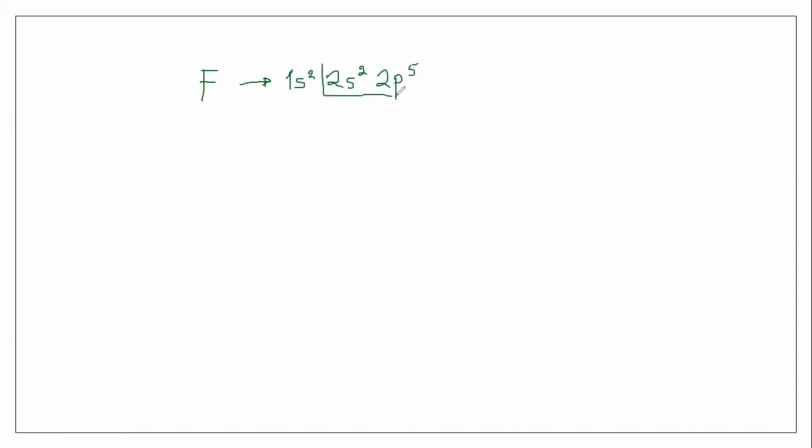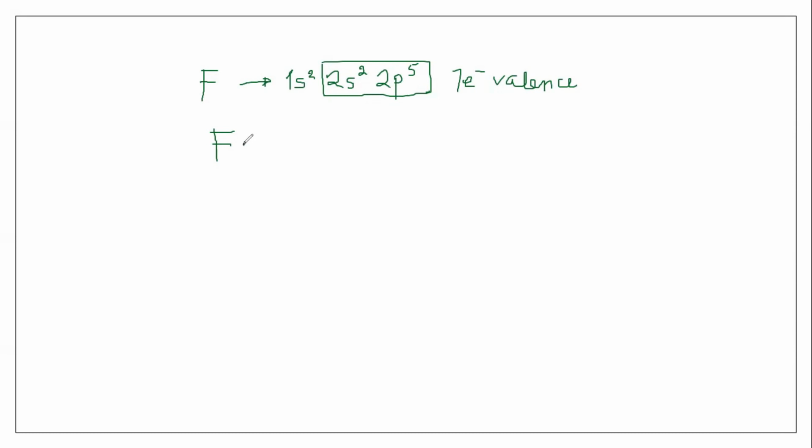Okay, so therefore, its valence electrons is 7. Okay, let us represent fluorine in electron dot, or what we call the Lewis dot structure.